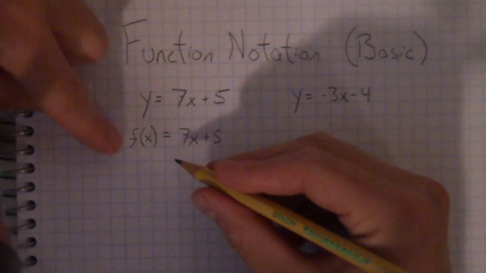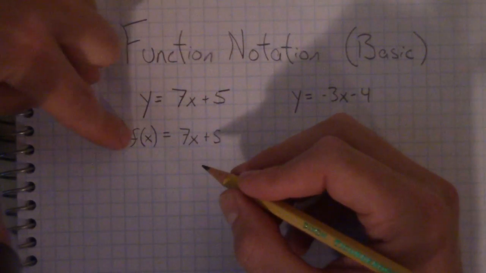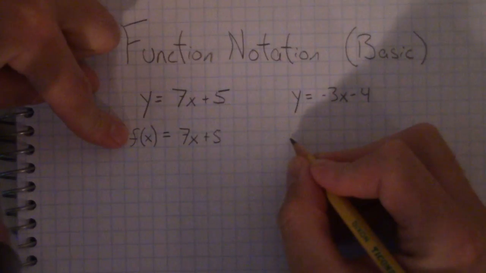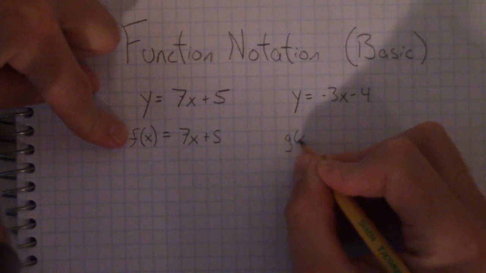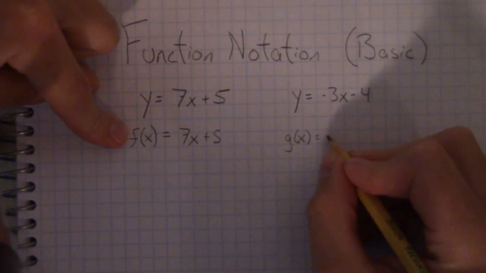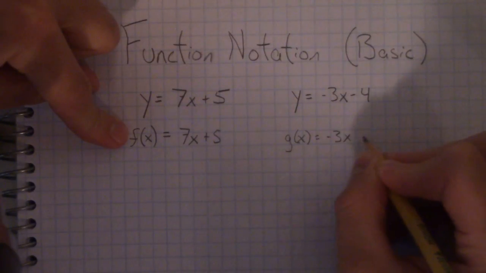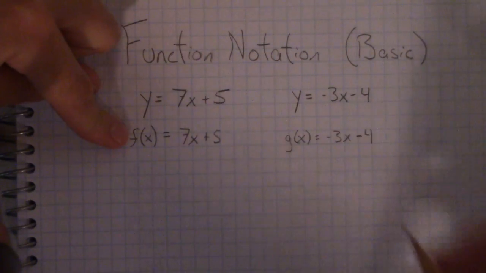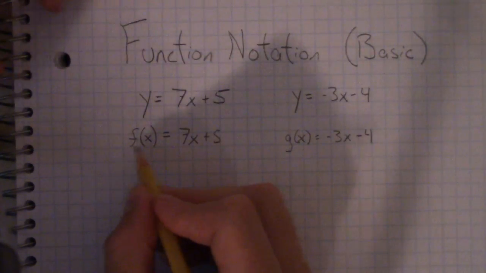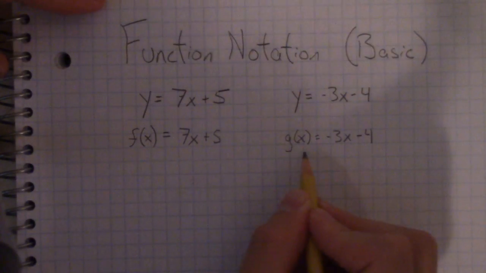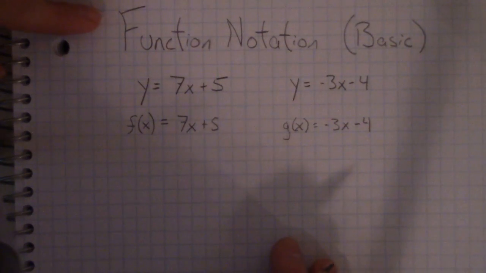But here, if I say f of x for this one, it's kind of a label, and this one I can label as g of x. Now I can very easily distinguish between the two equations, because I can say the function f of x or g of x, right? So that's one reason why it's helpful.